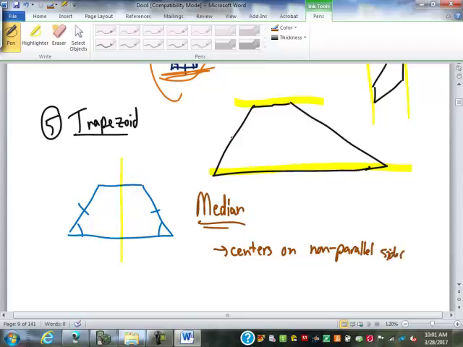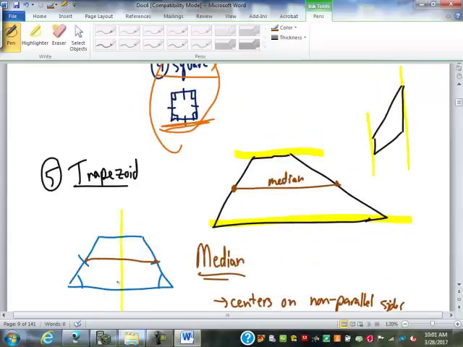So here, these are the two sides that are not parallel. Here's the center of that one. Here's the center of that one. There's the median. Same here. Center, center, and there it goes. Same here. Center to center, like that.